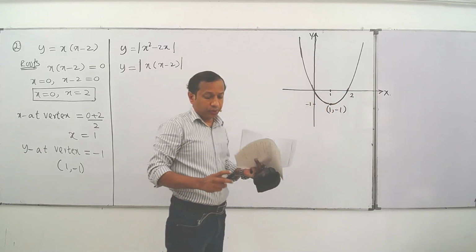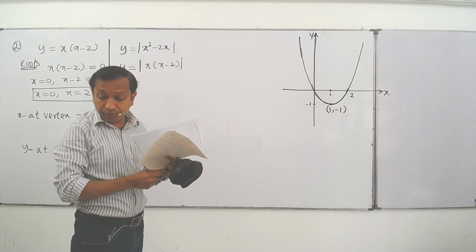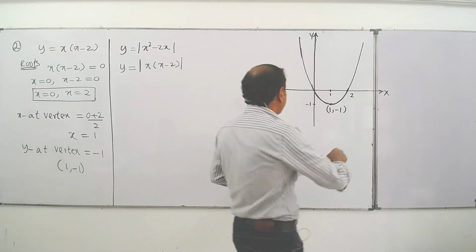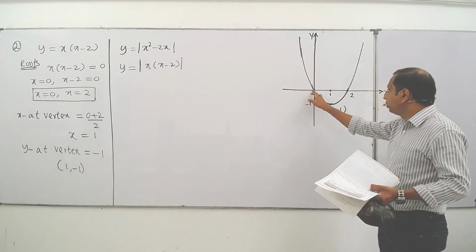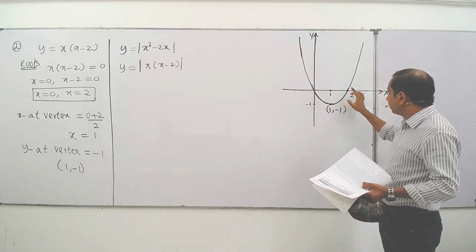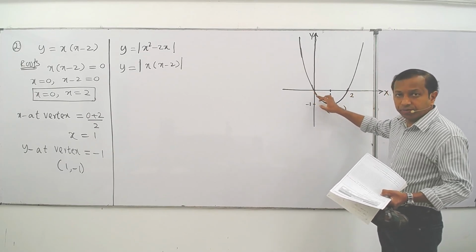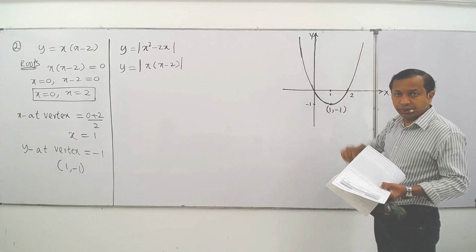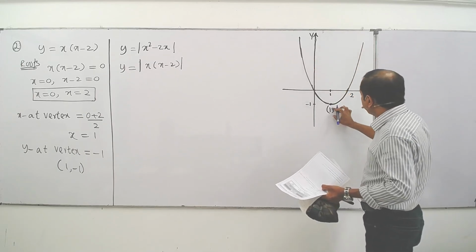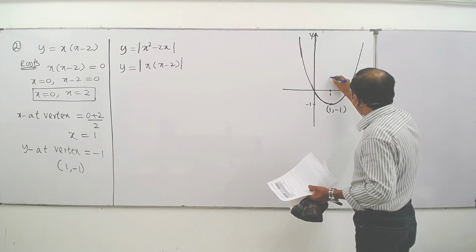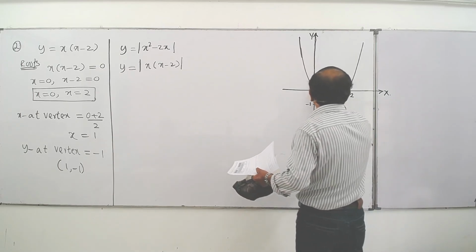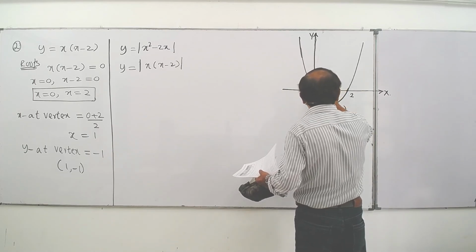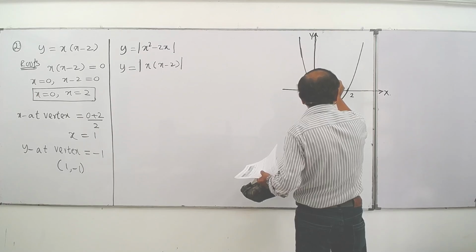Asking to draw. So the modulus graph can be drawn by taking the mirror image of this part. This part, we take the mirror image through the x-axis, leaving the other parts without changing. So then this (1, -1) goes to (1, 1) like this. Right? Here plus 1. Then the mirror image is going to be like this.